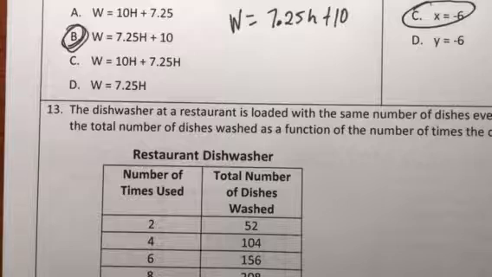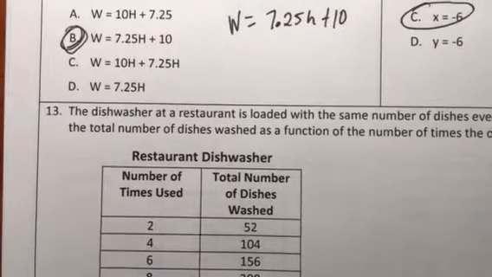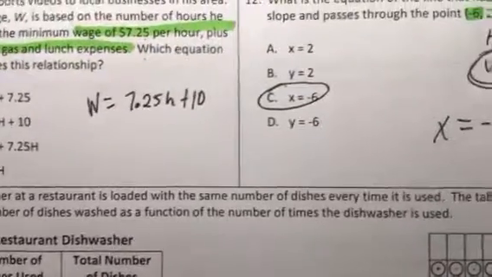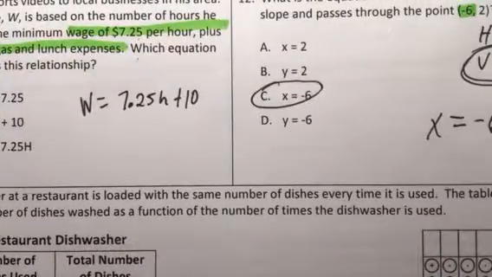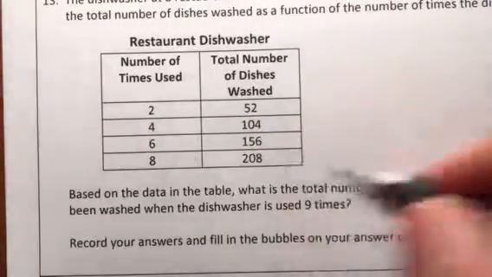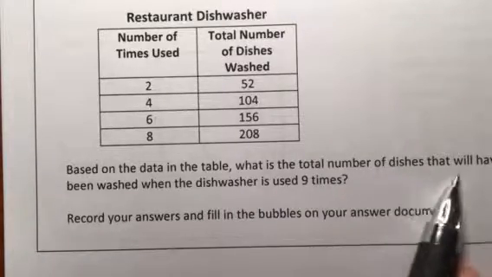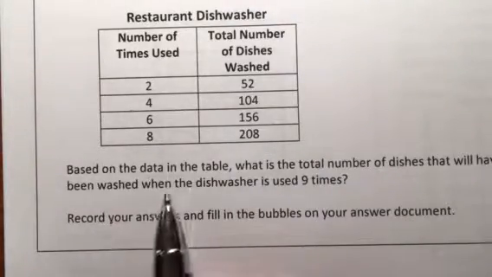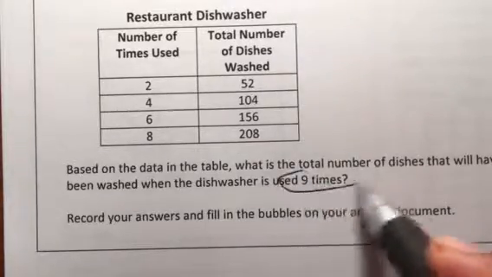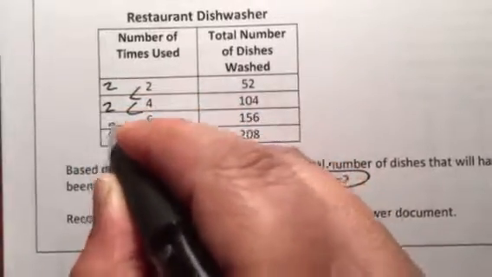Alright, number 13. You have a dishwasher at a restaurant that is loaded with the same number of dishes every time it is used. The table below shows the number of dishes washed as a function of the number of times the dishwasher is used. Okay, so if you look, it's asking what the total number of dishes that have been washed when the washer has been used 9 times. So if you look, this is changed by 2 every time.